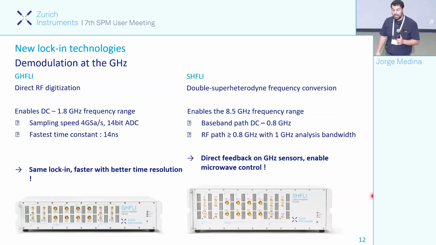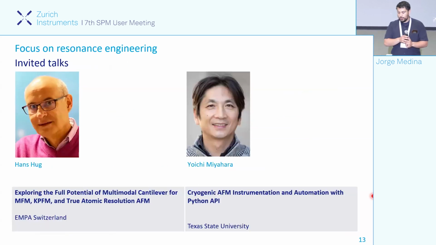And then we have our super high frequency lock-in amplifier, which is the SHFLI. That one uses superheterodyne frequency conversion, which allows us to go into higher frequencies by upconverting and then downconverting. It enables you to go up to about 8.5 gigahertz, but it goes all the way down to DC.